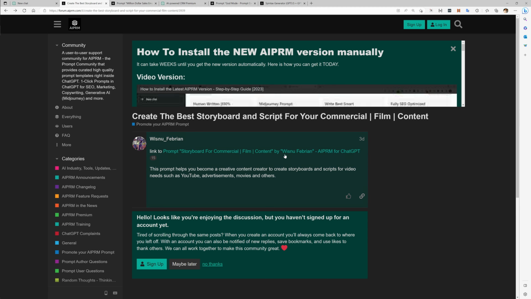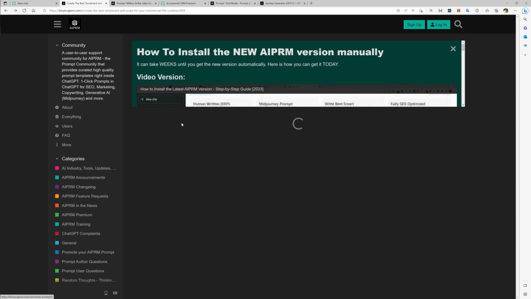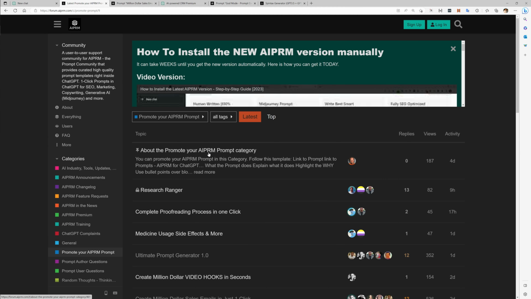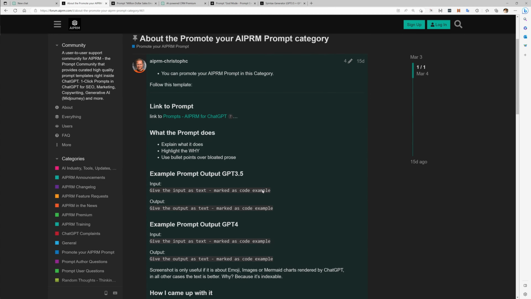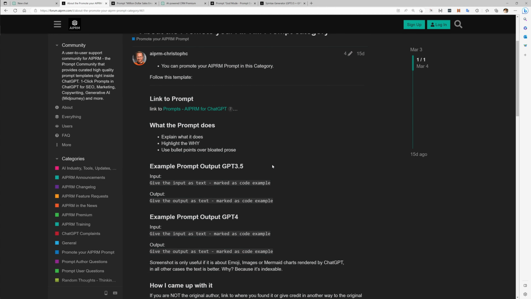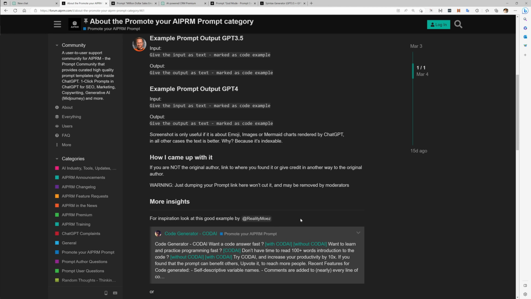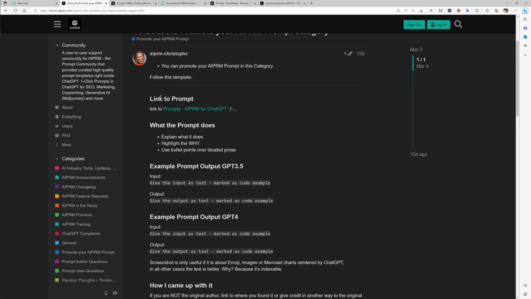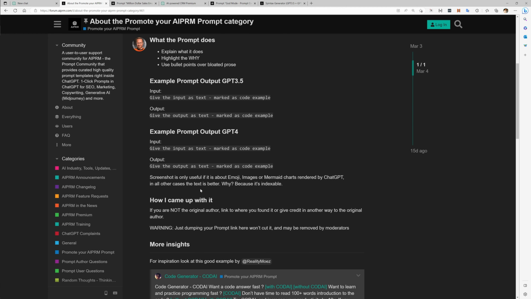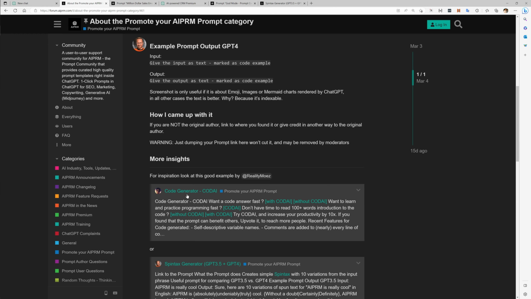What's that about? If I were logged in, I would probably delete this, or at least write, please follow the guidelines. Because, like in all categories, we have a promote prompt category guideline. And this one is a long one. As you can see, we have a structure where you link to the prompt, what the prompt does, example output in GPT 3.5, in GPT 4, how you came up with it.